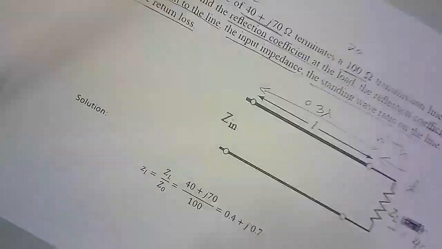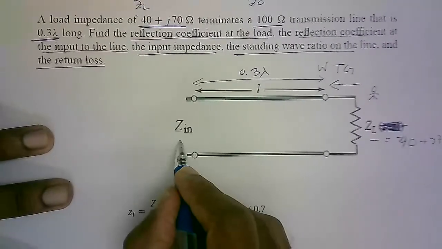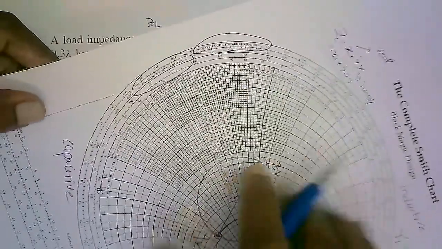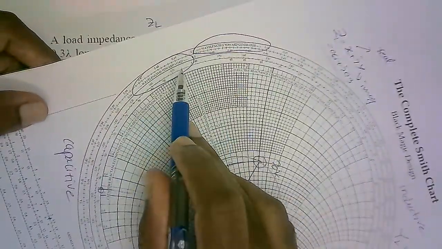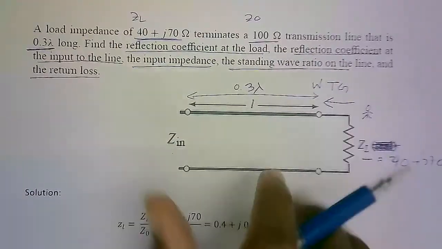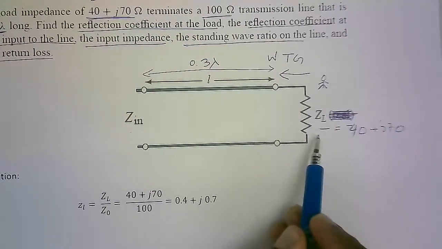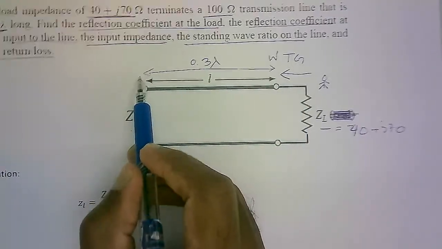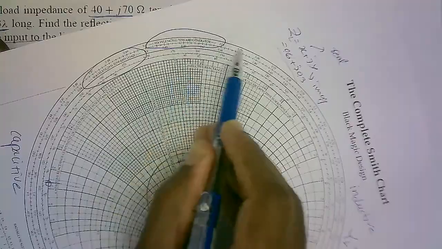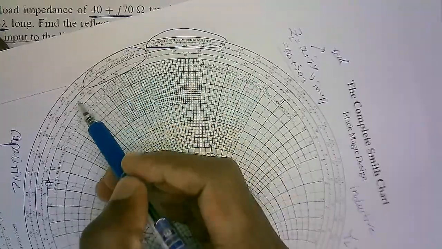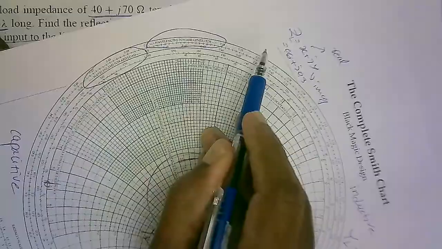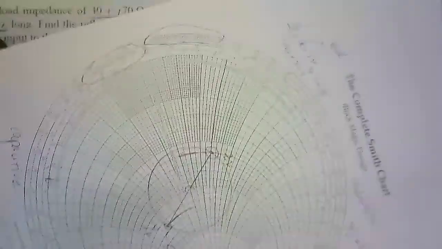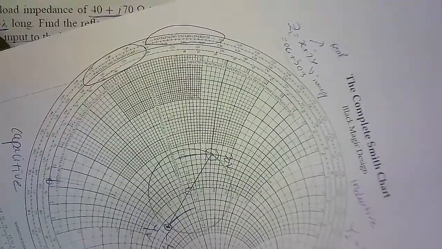Means if the Zin is given, then if you want to find the load, you need to go towards the load, and in this case the ZL is given, so we will go towards the generator. So we will follow the clockwise. So anti-clockwise means towards the load, and clockwise means towards the generator. You will understand when I solve the problem how to implement this tactic. Okay.